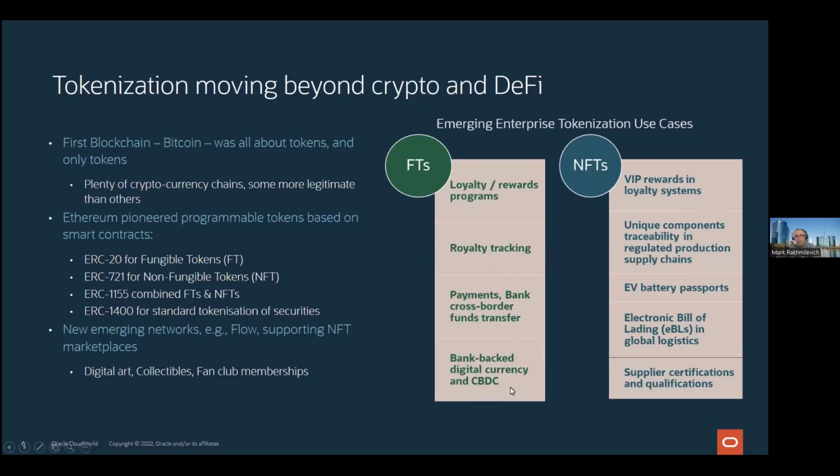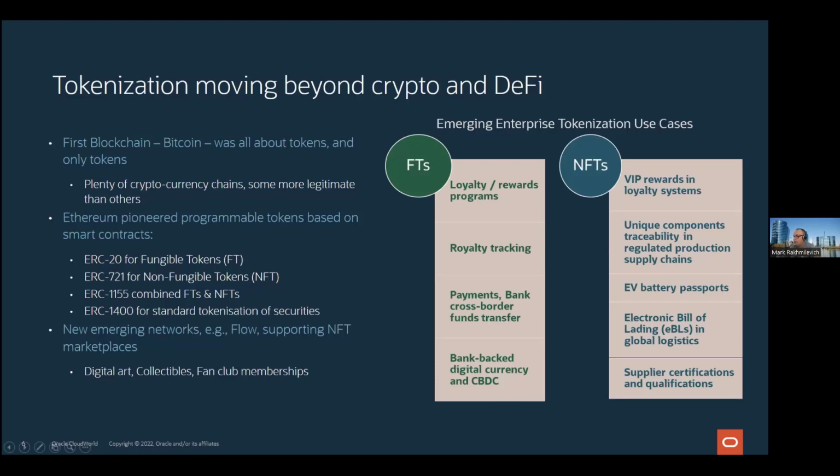And one of the more resonant use cases these days is digital currency and bank-backed digital currency, not cryptocurrency, and CBDC, central bank digital currency, which is essentially creating tokenized currency backed by a central bank, auditable, regulatable, etc. And we're actually beginning to see some engagements in that space as well across the world.